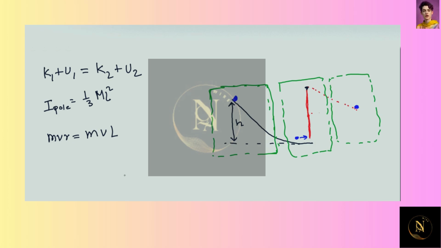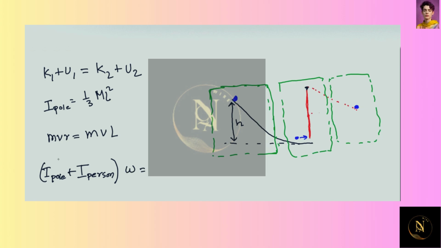Now, one more thing we need is the angular momentum of the pole and person system. For that case, we'll add the pole's moment of inertia with the person's moment of inertia, and then we multiply omega with it.